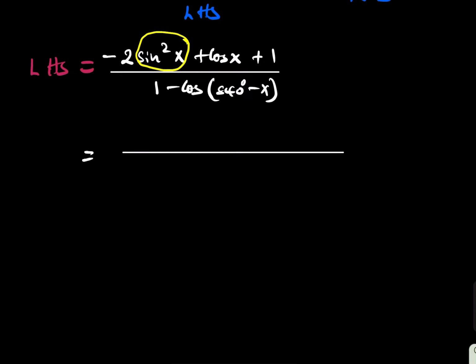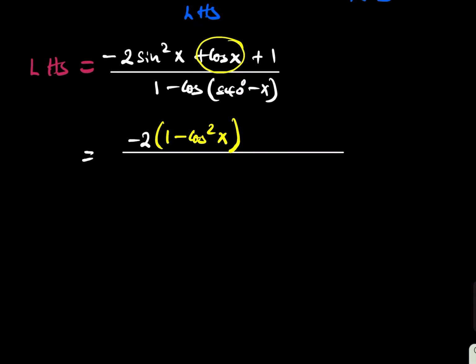So we're going to have a negative 2 multiplied by, I'm going to change this to be in terms of cos, and that becomes 1 minus cos squared of x. We call this a square identity.